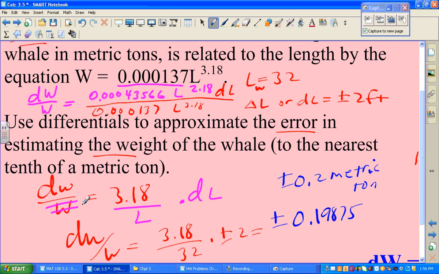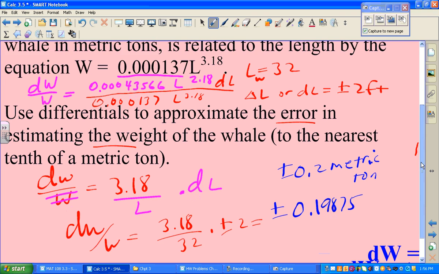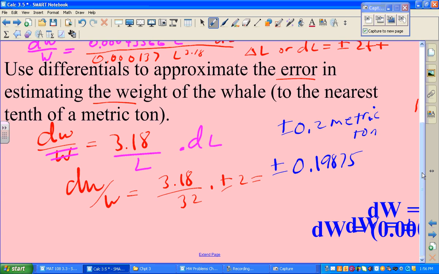So you don't have, what's the error measurement? Does it say? Hey, what's 3.18 times plus or minus 2? 1.7. Is it? No, it's not.